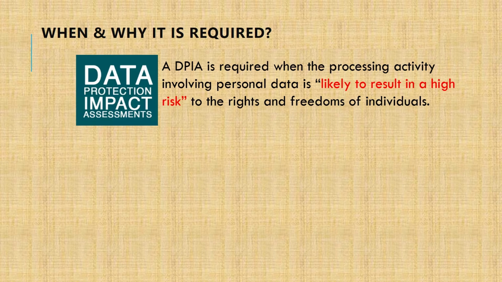The phrase "likely to result in a high risk to the rights and freedom of individuals" comes from the European GDPR. It is an important criterion used to determine when certain data protection measures such as DPIA must be carried out.